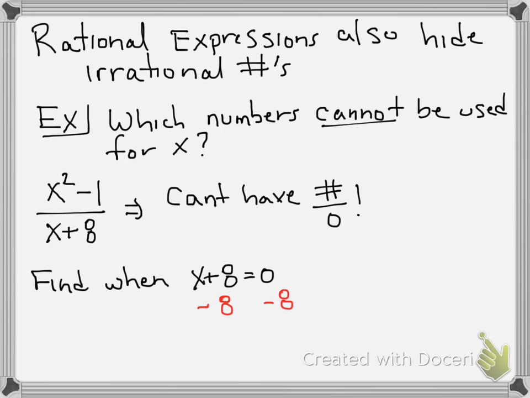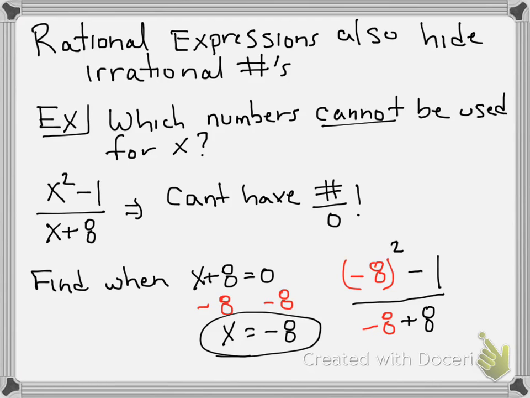We just subtract 8 from both sides, and we find that when x equals negative 8, the denominator equals 0. Okay, and we can verify that: plug it into our formula here, and we end up with 35 over 0, which is certainly an irrational number, not a rational number. Okay? So nice and easy.